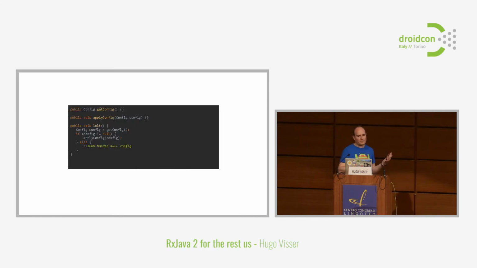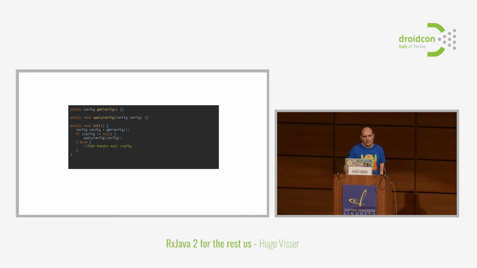So consider this piece of code, for example, where we have this configuration object that we need to get from somewhere, and when we're initializing this class, we want to use this configuration. There's a slightly annoying detail that this configuration might not be there yet, so it might be null. And in that case, we need to find some strategy to apply the configuration later. So basically, you should probably go polling in that sense.